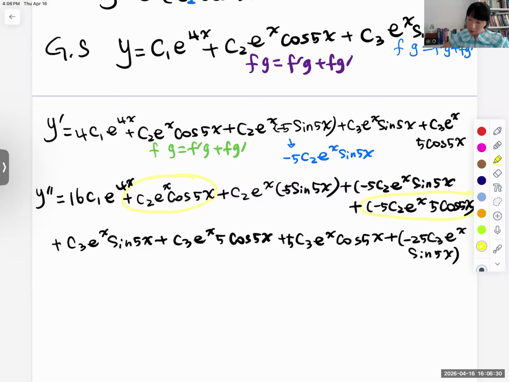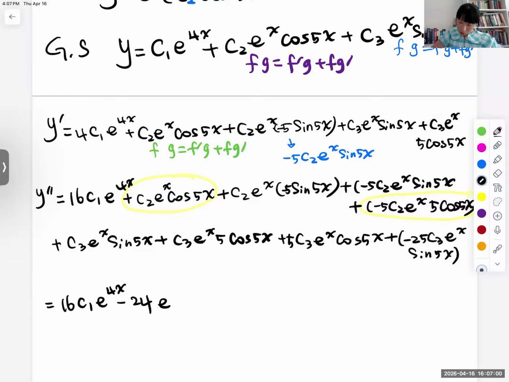We can combine. Okay, so let's make that 16 c sub 1 e to the 4x. And then the yellow one, we have negative 25 plus 1, so negative 24 e to the x cosine 5x. That's the yellow one.